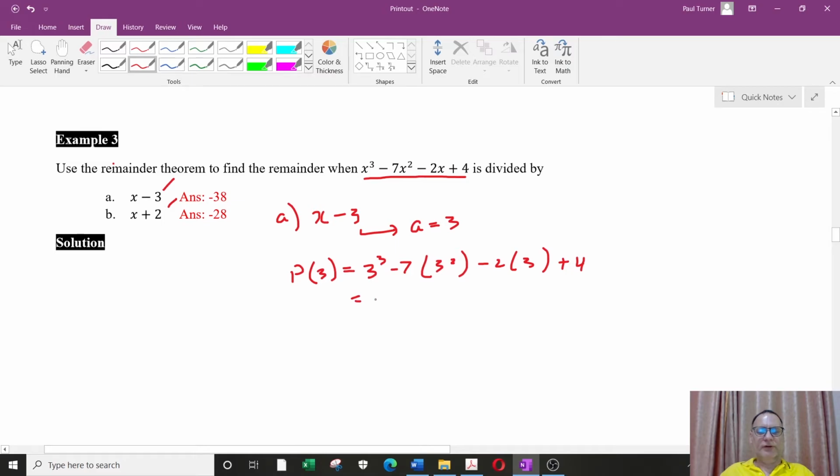That will give us 27. 3 3s are 9, 7 9s are minus 63. Minus 6 plus 4. And if you calculate that, you'll get the answer minus 38. So when we divide our polynomial by x minus 3, the remainder will be minus 38.